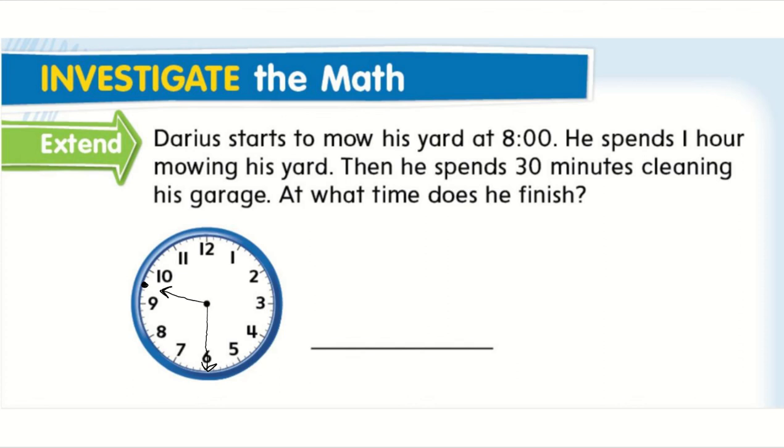That's going to help you know that it's halfway between the 9 and the 10. Little trick that Ms. Petrowski had taught me. So when we look at it, it's in between the 9 and 10, so I know it's 9. And then I know that the minute hand is on the 6. We know that's 30 minutes that has gone by. So our time here, boys and girls, is 9:30.